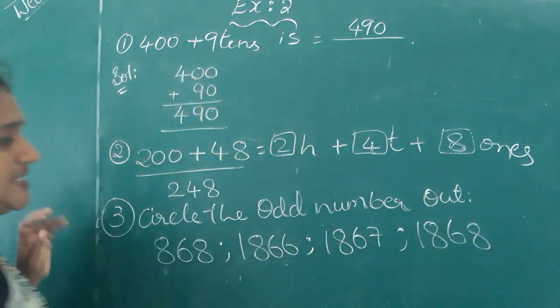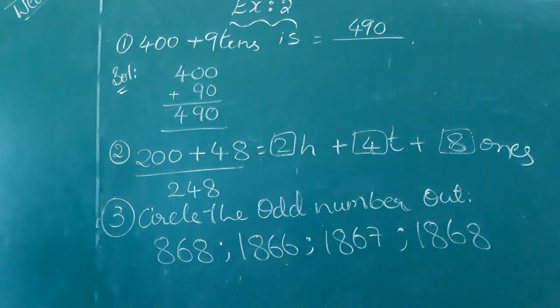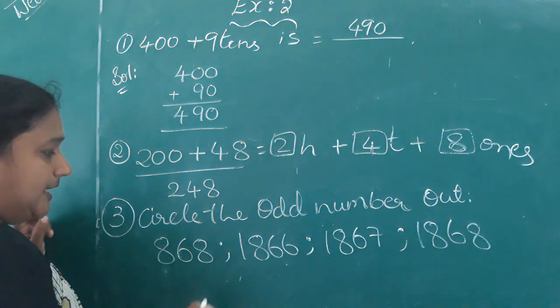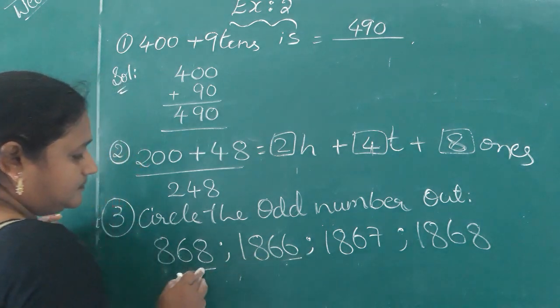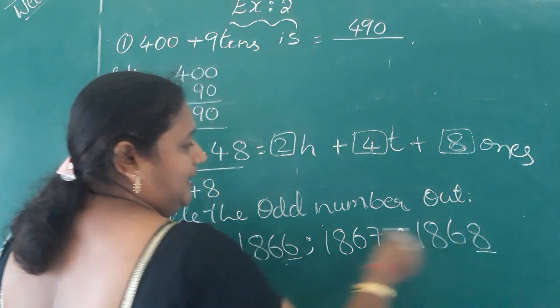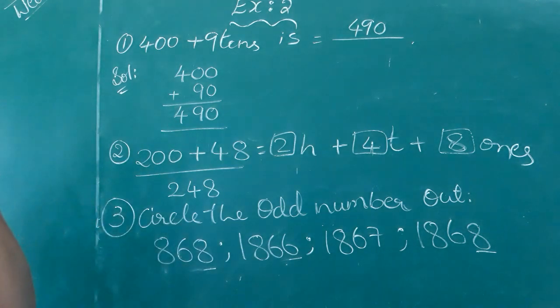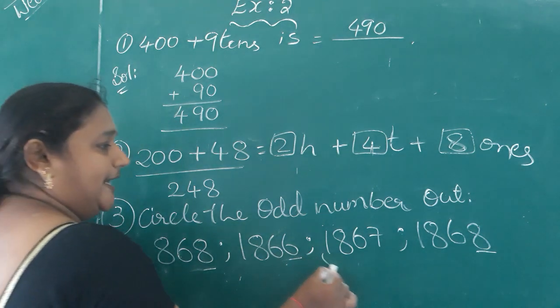Listen, they ask us which is the odd number out. Odd one means which is different from others. So if you observe this, 868, 66 and here 8, these are all even numbers. Only this one is the odd number.